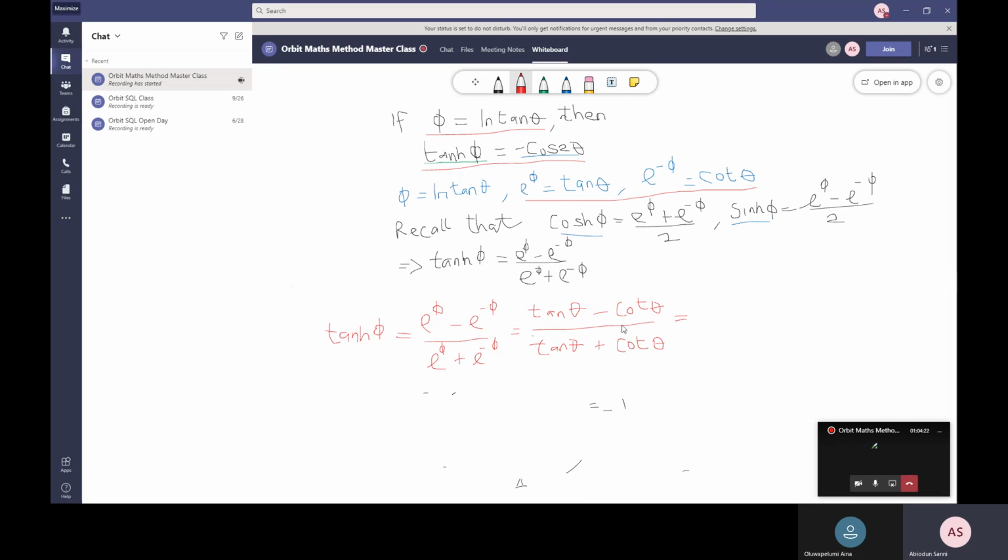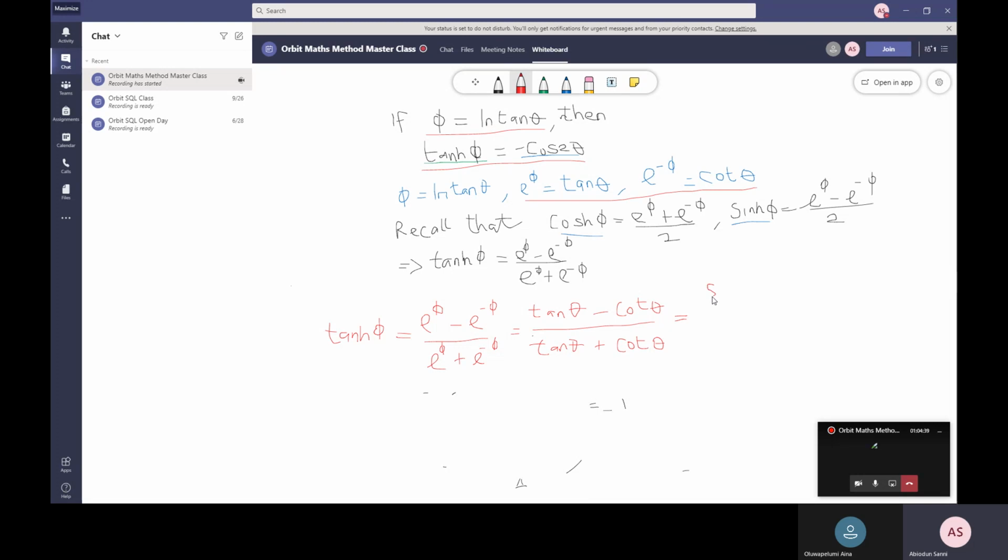So what should I do? Should I divide both sides by cot or by tan? How do I get minus cos 2 theta? Let's try and write everything as sine over cos or cos over sine.